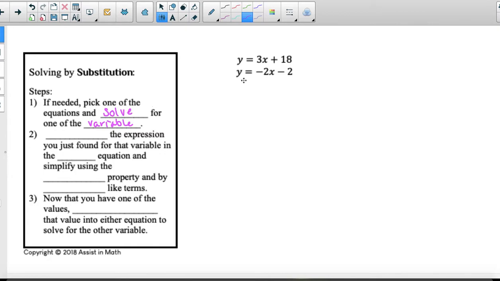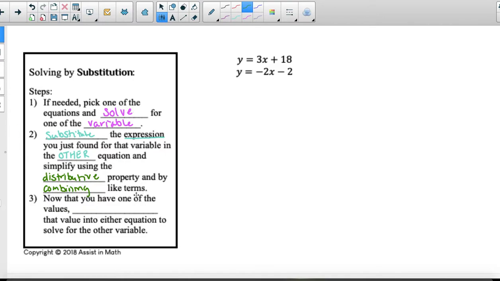Because once the variable is solved for, you're going to substitute the expression you just found for that variable in the other equation and simplify using the distributive property and by combining like terms.